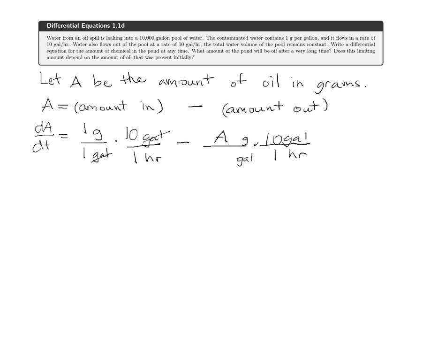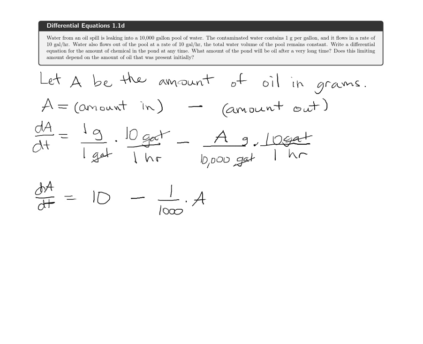The answer is A. A is the number of grams in the whole pool. How many gallons in the whole pool? Well, it was 10,000. And once again, the gallons cancel out, and we're left with grams per hour. So we get that dA over dt equals 10 minus 1 over 1,000 times A. There's our differential equation.